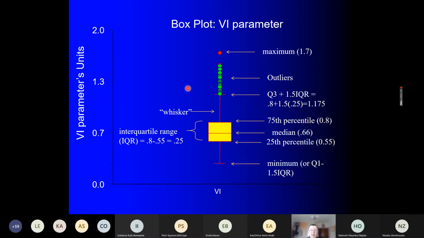So here we have on one chart the characteristics of the whole data set, most of the major descriptive statistic characteristics.